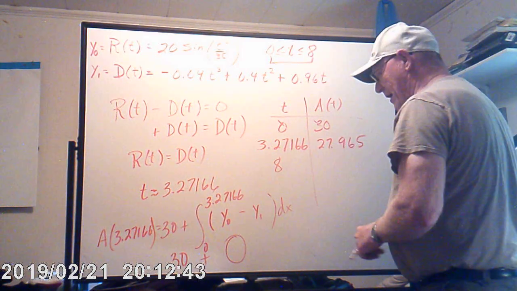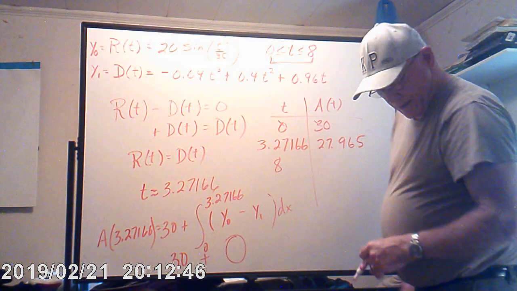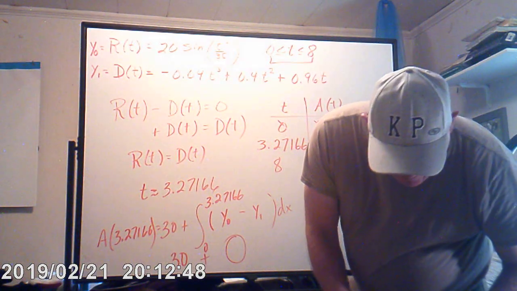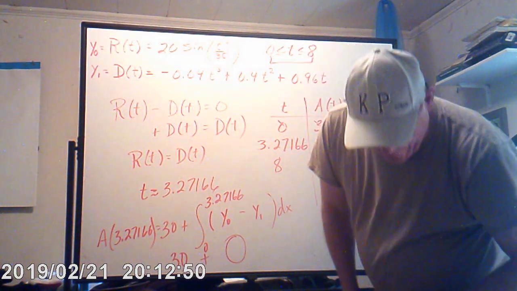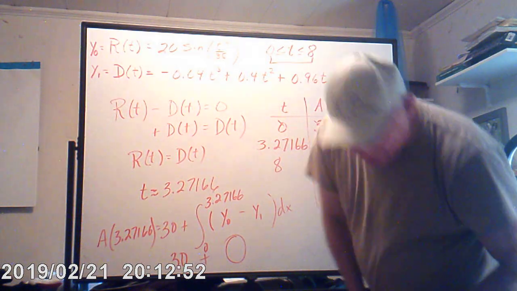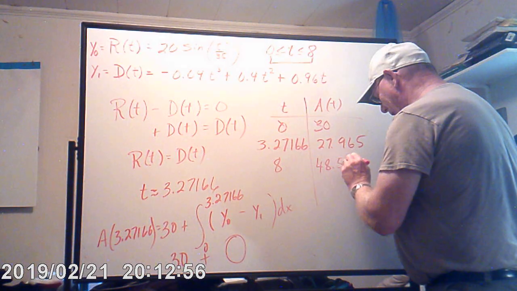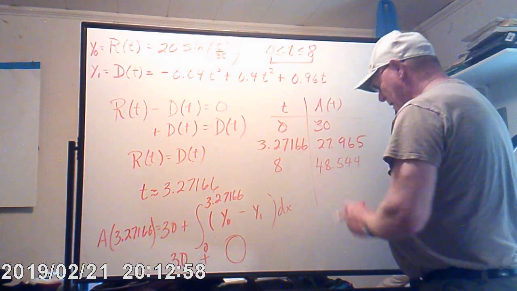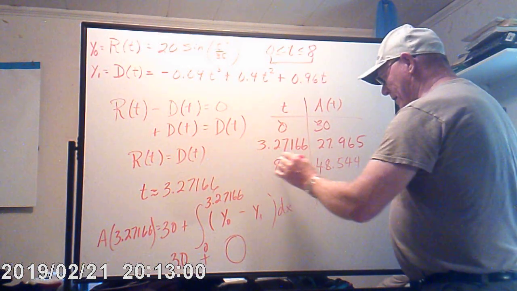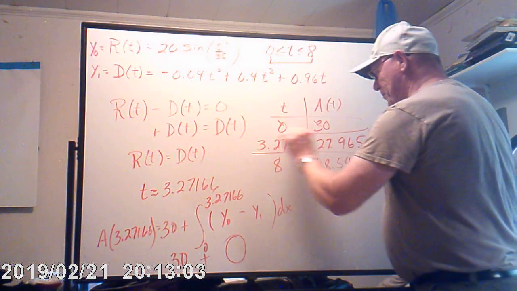We just want to see now what we get at 8. And I think when we did 8, we got 48.544. It's immaterial now because right here is what we're looking for.